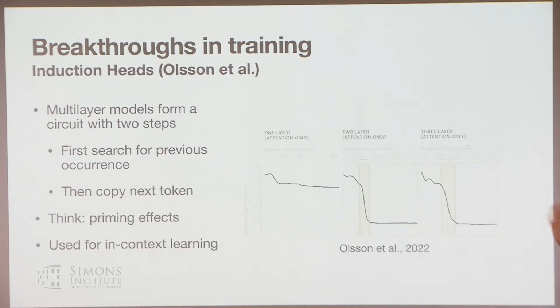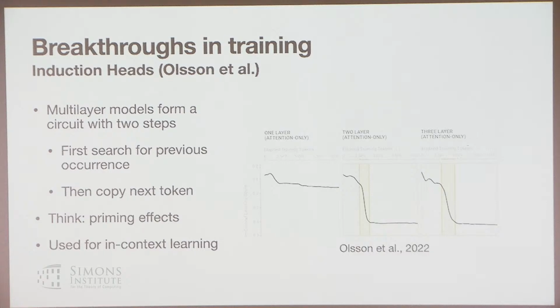Okay, another classic example now is the induction head phase transition. It happens during training in a language model. There is a particular moment when a circuit forms in multi-layer models where you have a lower head that searches for previous occurrences of a token, and then the next head will actually copy over the token after it.